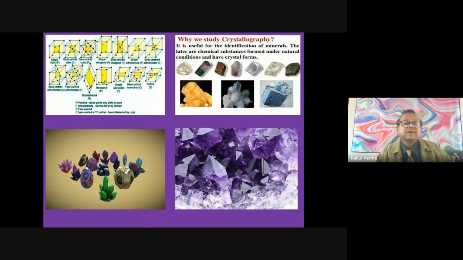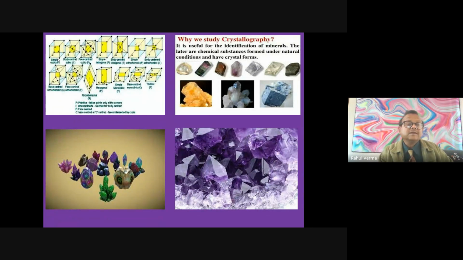Now you see, here it is showing that all crystals have a definite structural pattern. Here, this one is isometric or cubic, for example. You must have seen, when you play Ludo, we have a dice. A dice is a six-sided cube.